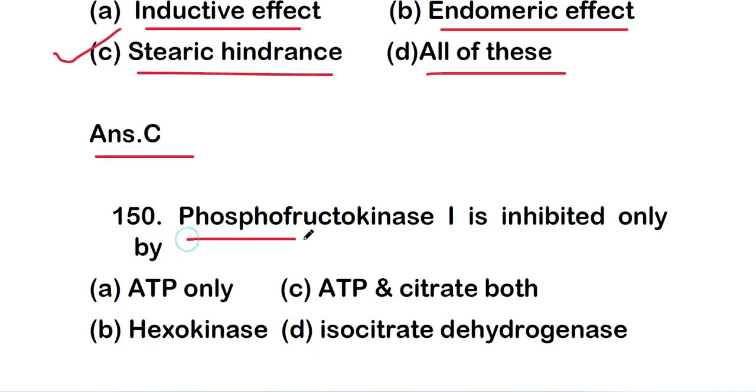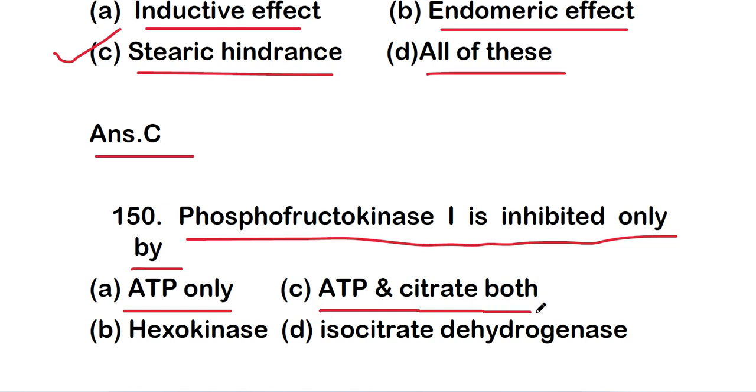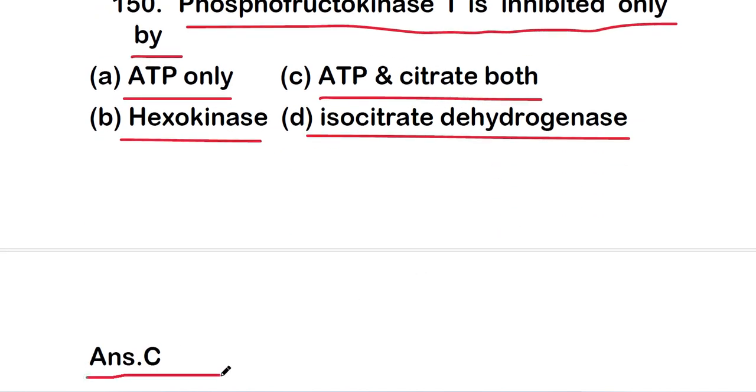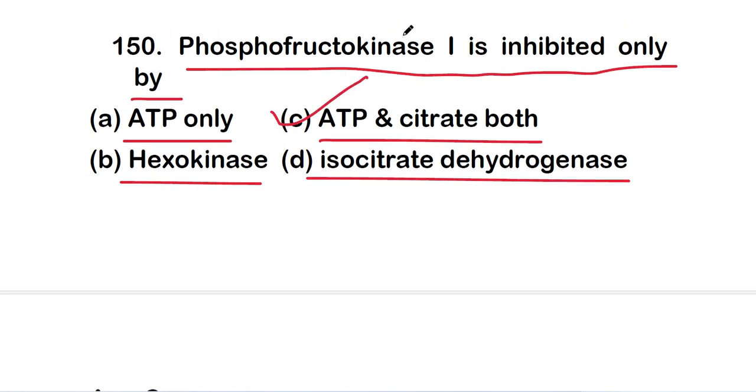Phosphofructokinase 1 is inhibited only by option A ATP only, option B hexokinase, option C ATP and citrate both, option D isocitrate dehydrogenase, and the right one is option C, that is ATP and citrate both. So phosphofructokinase 1 is inhibited only by ATP and citrate both.